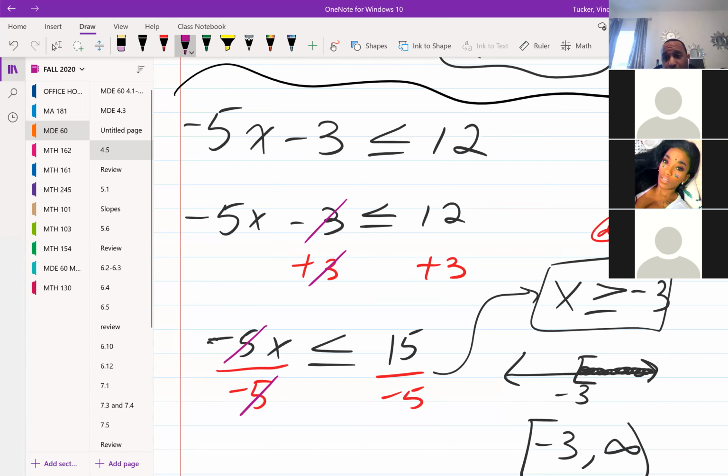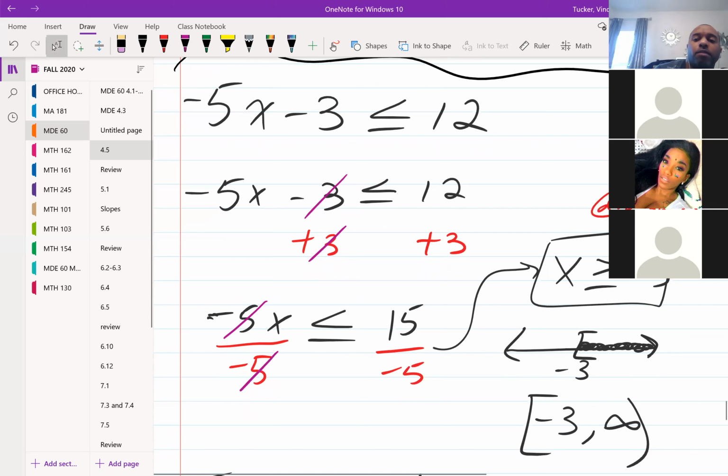And then if you look at my answer in the box, notice you have to flip your sign or change the sign because you're dividing by negative 5. So that goes from less than to greater than or equal to negative 3. Because we have the or equal to sign, you put the bracket over that negative 3. Shade to the right because it's greater than. And then your interval notation goes from negative 3 to positive infinity. Bracket over negative 3, but then parentheses over your infinity sign because you always have parentheses over your infinity sign.